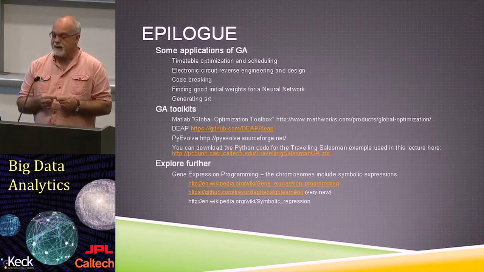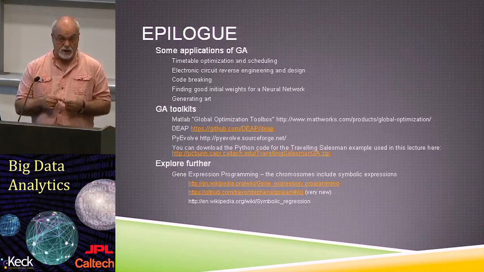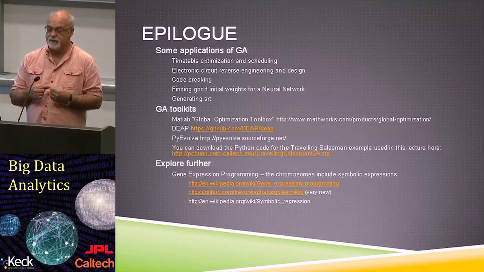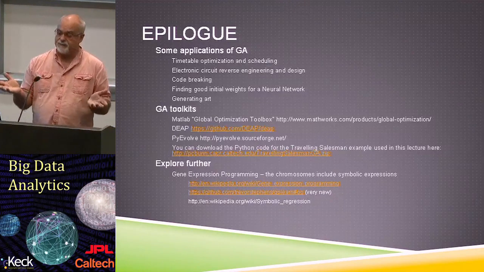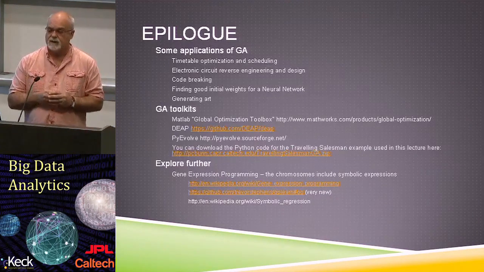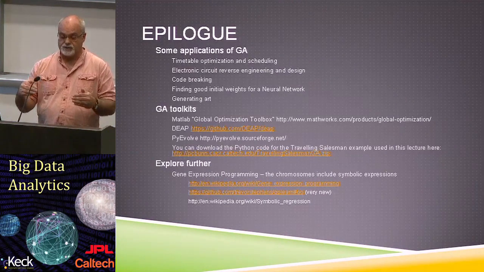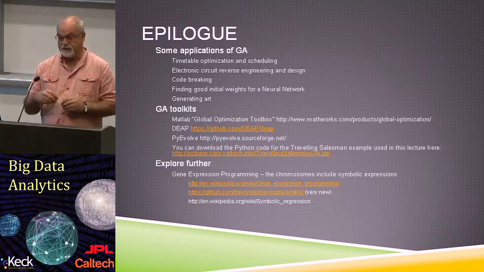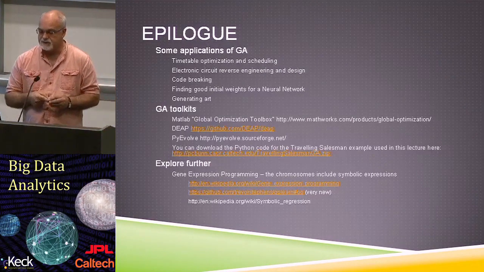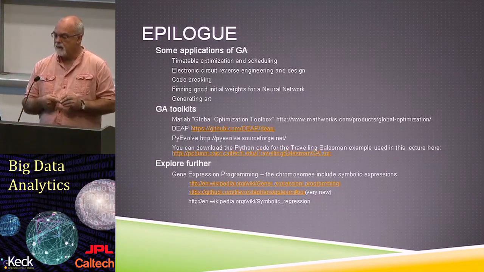There have been applications of genetic algorithms to code breaking. So if, for example, you have a simple alphabetic substitution cipher, then you can use a genetic algorithm to find what sort of substitutions match that with the aid of a dictionary and a suitable fitness function.